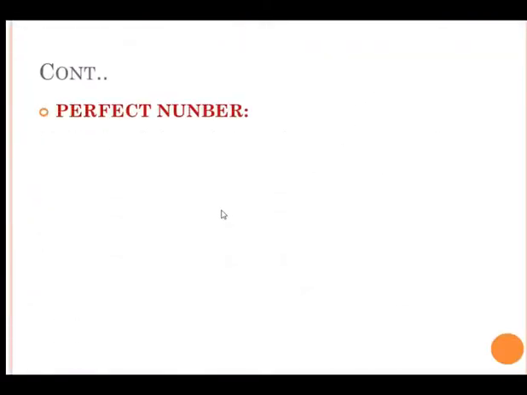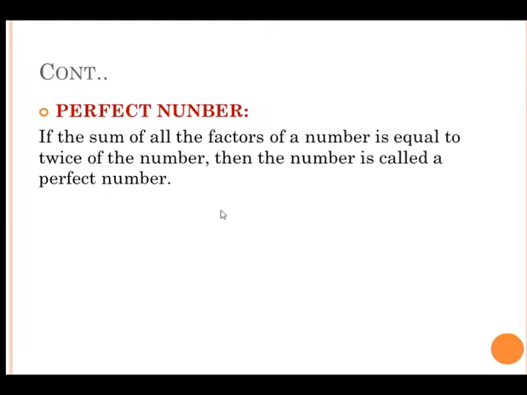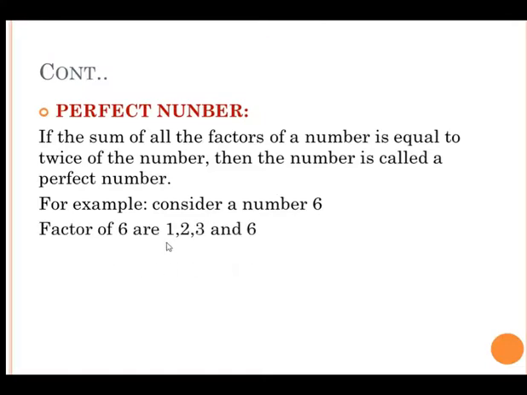Then perfect number. If the sum of all the factors of a number is equal to twice the number, then the number is called a perfect number. For example, we consider 6. The factors of 6 are 1, 2, 3 and 6. So the sum of factors is equal to twice the number, 2 into 6.